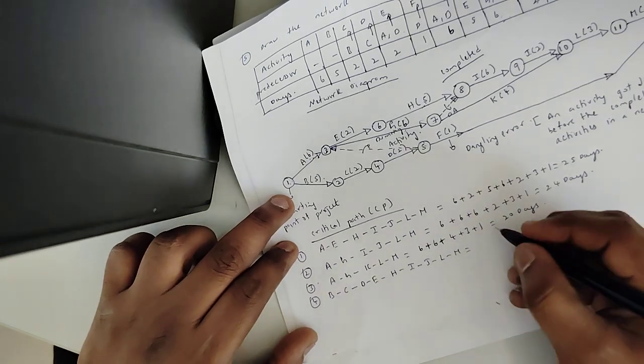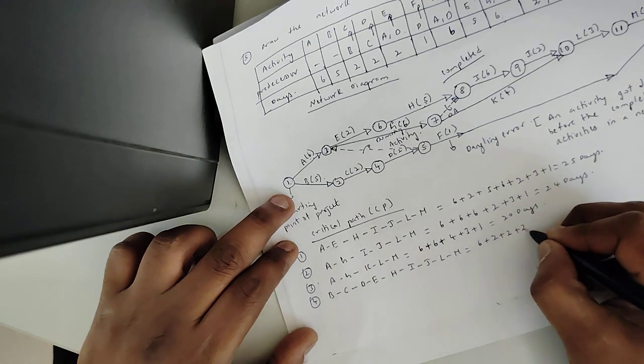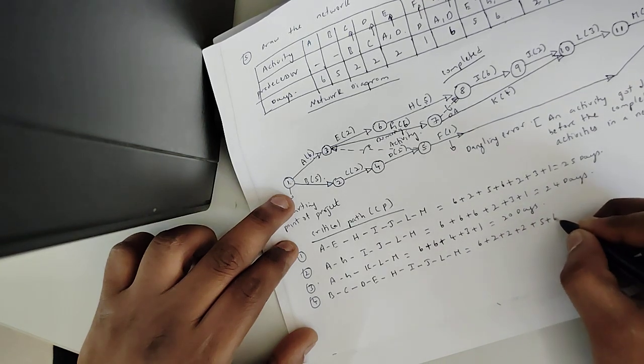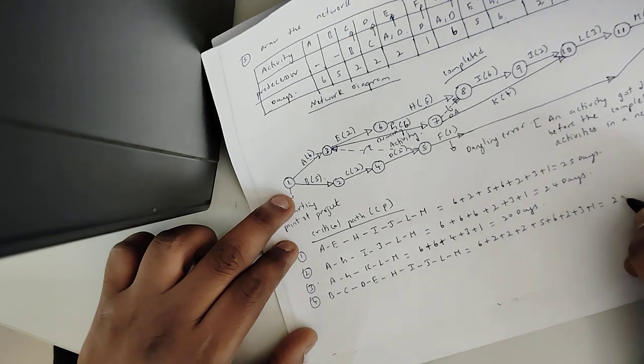And if you find this, you will get as 6 plus 2 plus 2 plus 2 plus 5 plus 6 plus 2 plus 3 plus 1. So it will be 29 days.